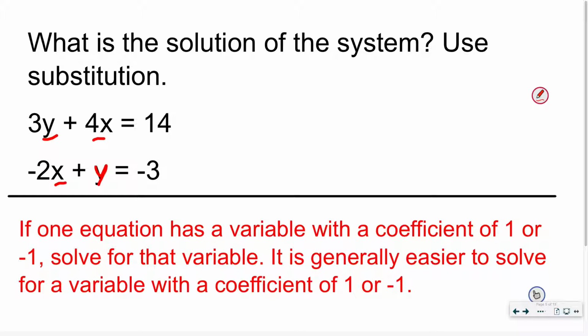To get rid of that coefficient, I have to divide. What's the problem if I start dividing everything? I could do it, but what might happen to my equations? Not necessarily unbalanced, but what happens if I divide various numbers? What might I end up having to work with? Yeah, I might have to start working with fractions.